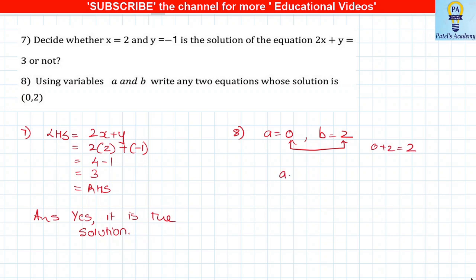So my first equation is a plus b equals 2. Simple. Now if I do a minus b, means 0 minus 2, I get -2. So my second equation is going to be a minus b equals -2. So this is going to be the easiest one. One's plus and one's minus. Yes, your equations are done.